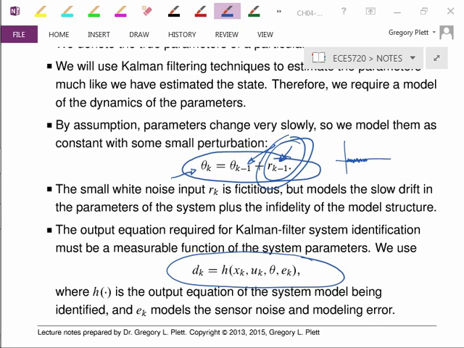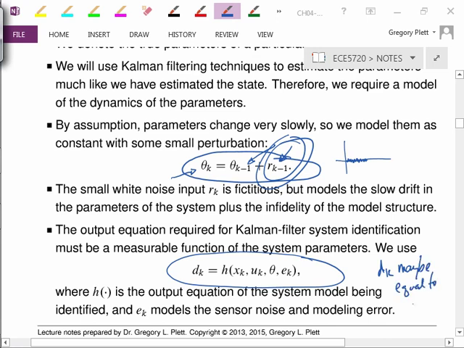But I write it here more generically because maybe you come up with some clever measurement that's not simply voltage that you could use to correlate against a parameter change, and so you would want to put your own function in here instead. So d_k may be equal to our measurement voltage y_k, or v_k, I think we sometimes called it, but it may not be.